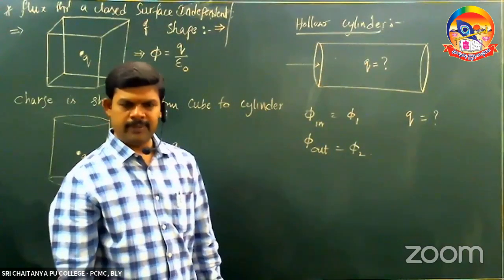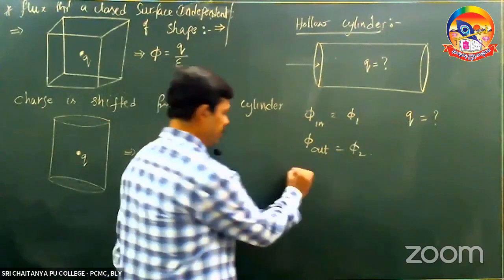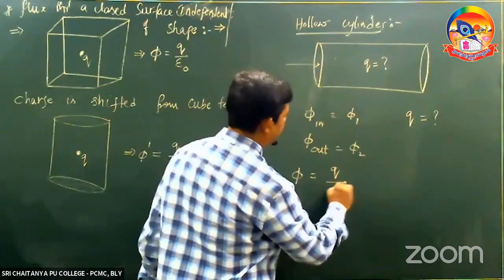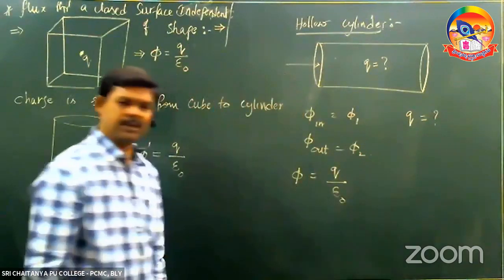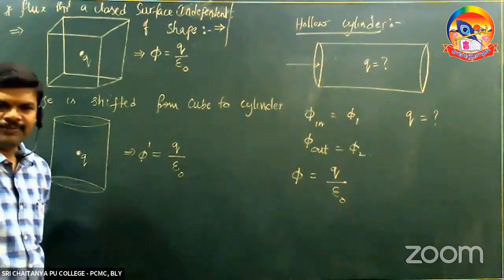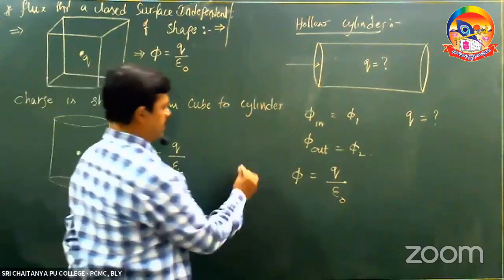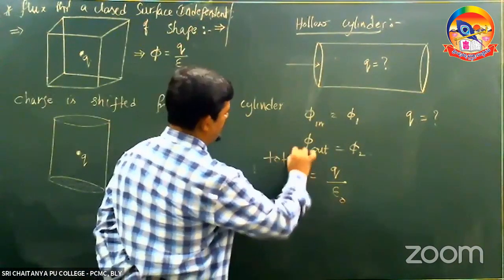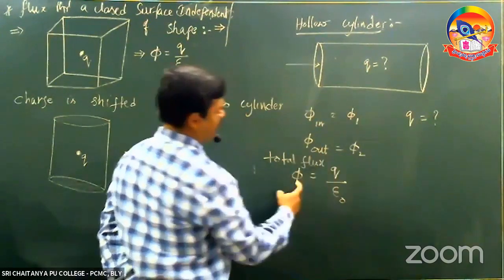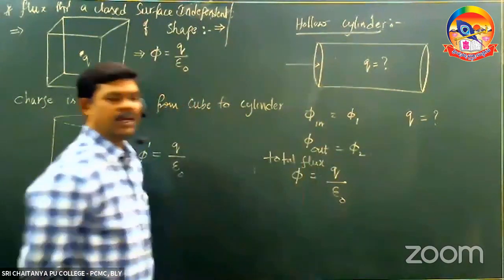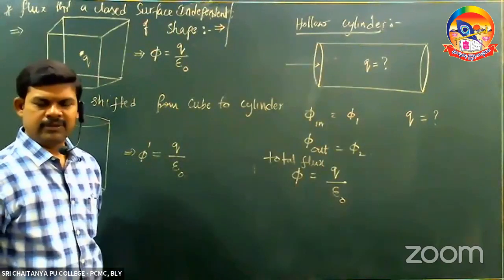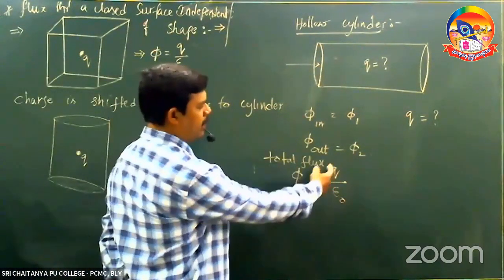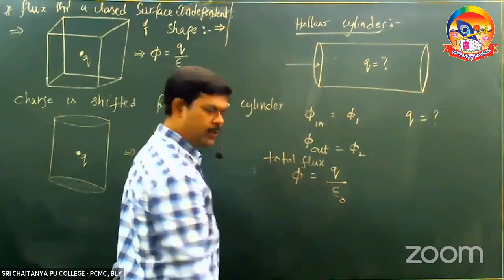We know one formula: total flux phi is equal to charge inside by epsilon naught. From this formula, can't we get the value for Q?